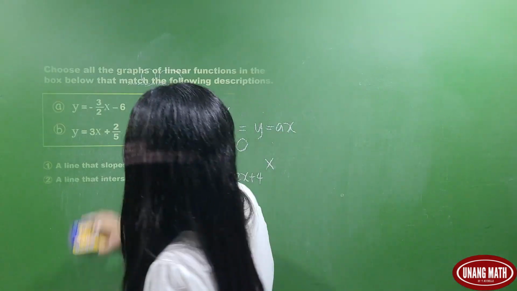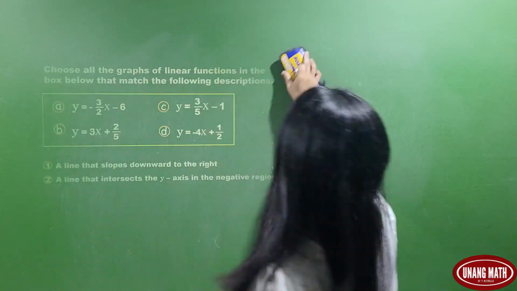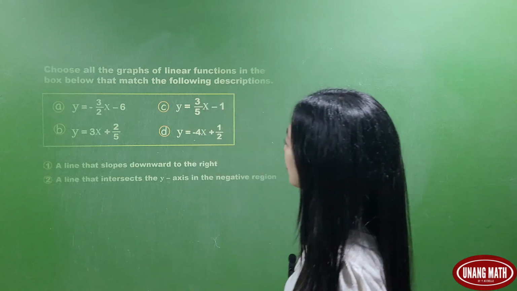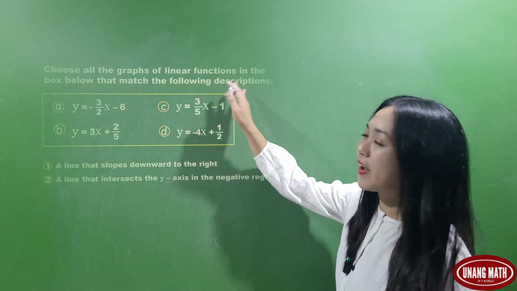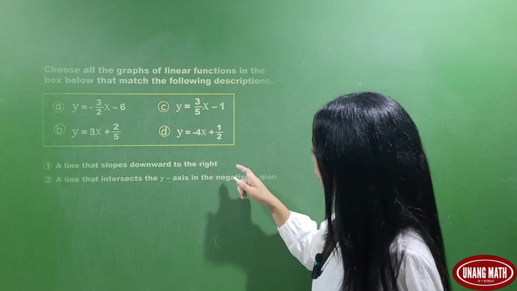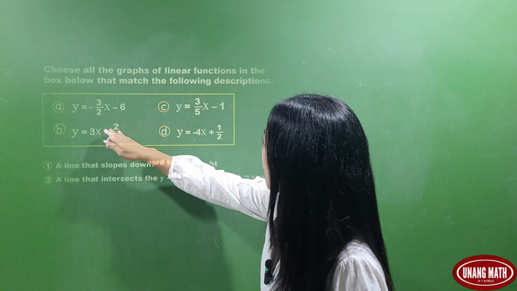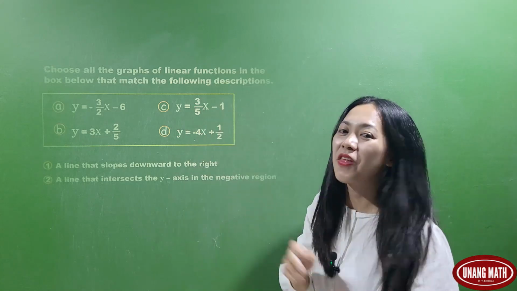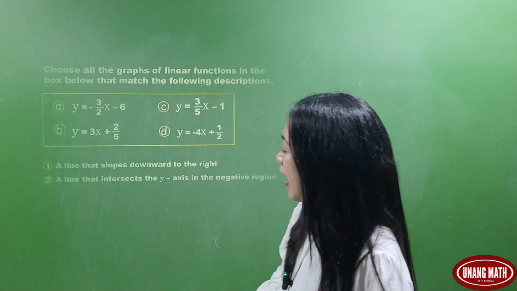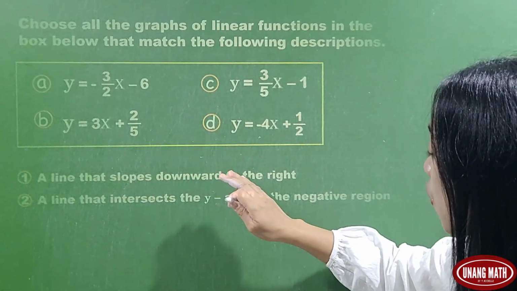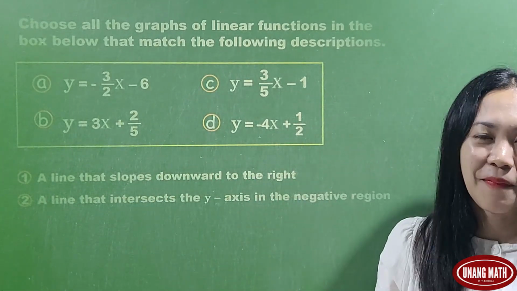Okay, for this simple activity, let's answer this one. Choose all the graphs of linear functions in the box below that match the following descriptions. So we have here two descriptions. We're going to choose which among these functions match each description. The first description is a line that slopes downward to the right.